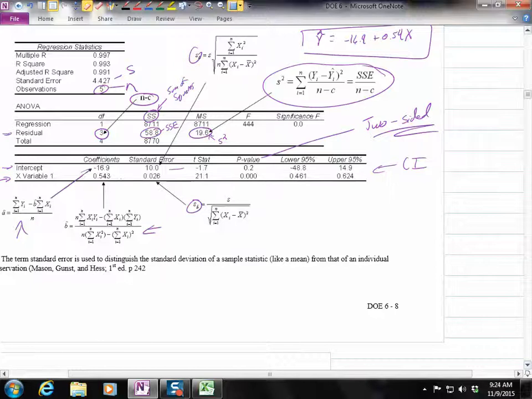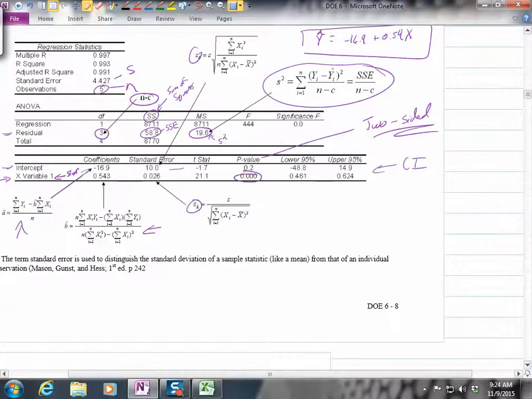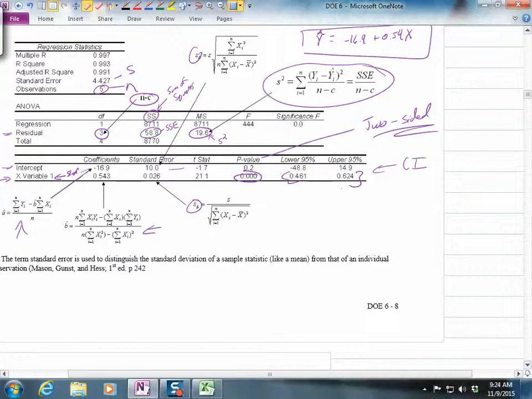Who says no? Okay, slope is this guy. P-value is very, very, very small. Does that mean it's significant? Yes. Confidence interval, another way you could look, does the confidence interval include 0? It doesn't include 0. Both those things are saying, yes, that slope is significant.